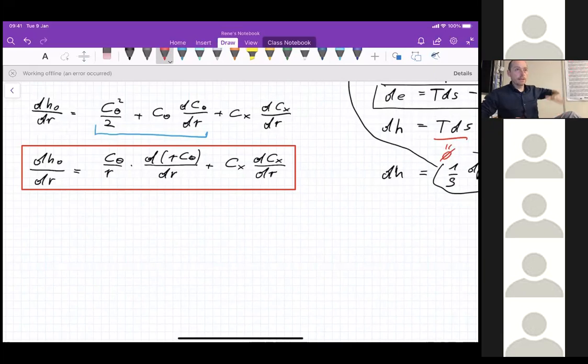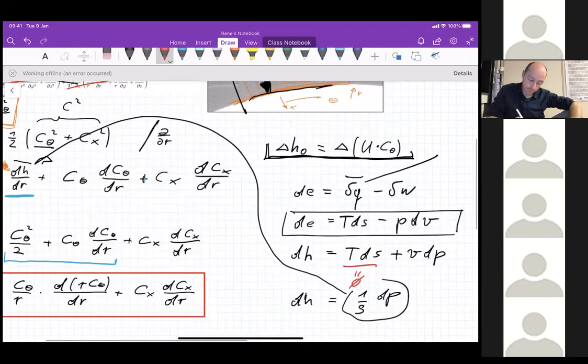So I see here that the change of total enthalpy from the root of the blade to the tip of the blade is basically a function of these two terms, right? So if I want to have a change in total enthalpy across the radius, then I know, because of my Euler equation, that C theta has to change, or U has to change.